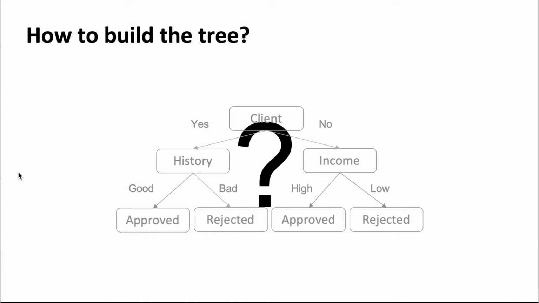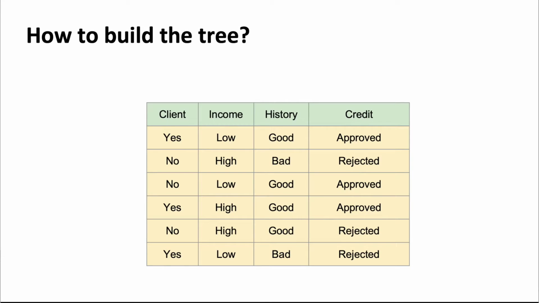So how to build the tree? And this is actually the most interesting part, right? Because if we had the tree already, the problem would be solved. So the idea is to learn an algorithm that automatically builds a classification decision tree from the training data. So let's go back to our dataset.